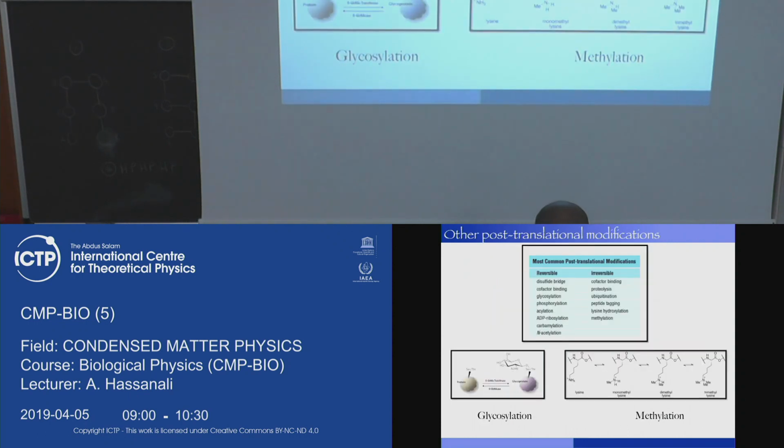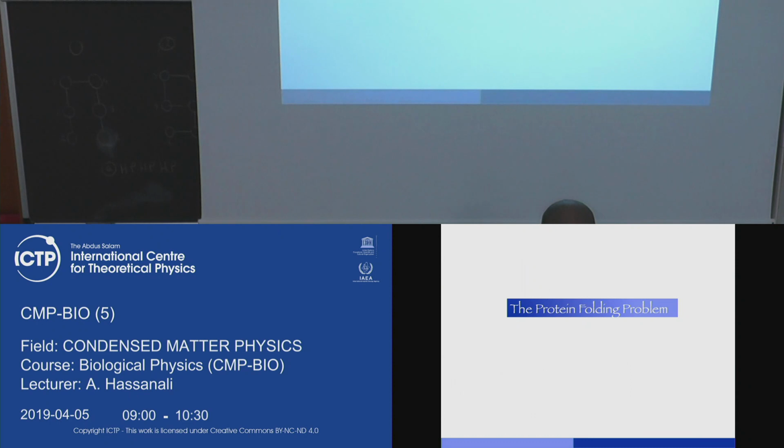Okay, so I'll skip this and move on now to the protein folding problem. We've been building up the ideas associated with this, but I just want to repeat this again. What is the protein folding problem? I have a spaghetti chain.